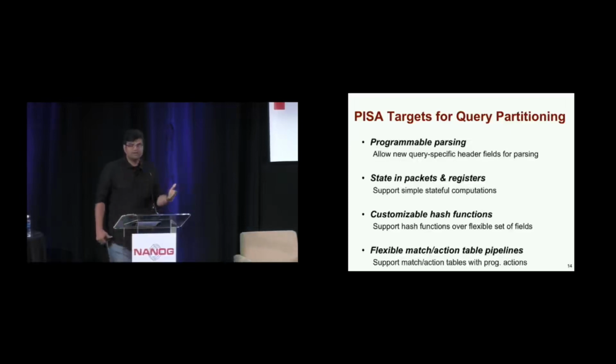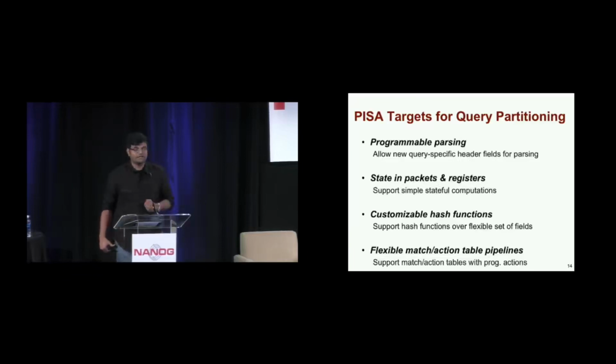There are 4 key aspects of PISA switches or PISA targets that allow us to effectively do query partitioning. One is programmable parsing: you can define new query-specific header fields on the fly, and you can parse and deparse those header fields. Second, you can carry state in the packets and also maintain state in the network devices, the hardware itself.